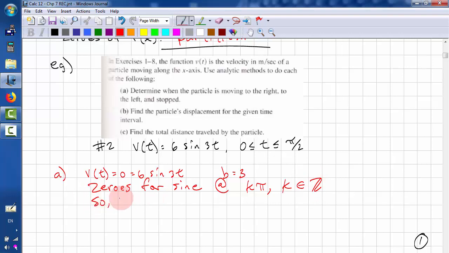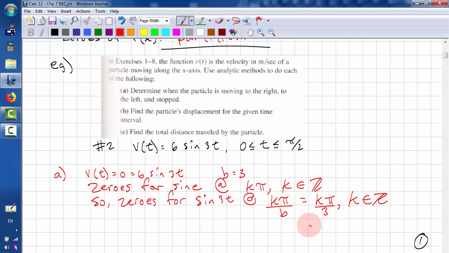So zeros for sine 3t are at k pi over b, and we're noting that b equals 3. So this is k pi over 3. And on this interval, we have 0 and pi over 3.